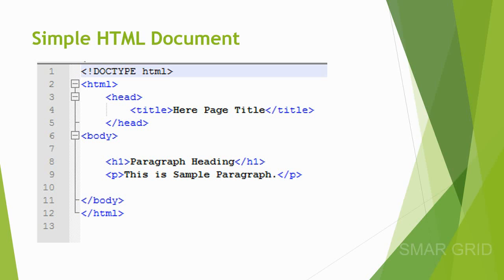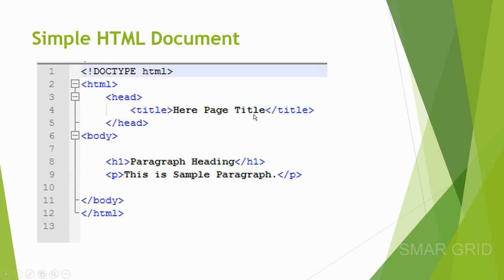And this is a simple HTML file. Here we have the document type, which is HTML. The main tag is HTML, which has a start and an end. You can see it starts here, and on line number 12 we have the ending HTML tag. Then we have a head tag, and in the head tag we have a title tag.